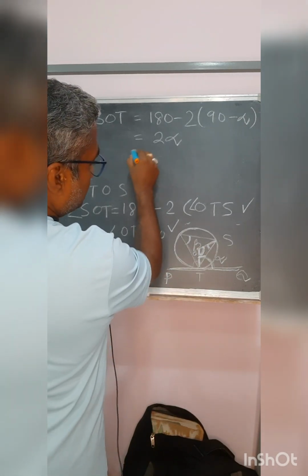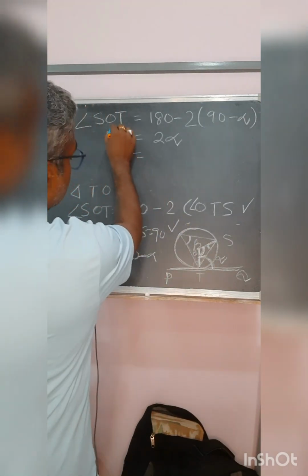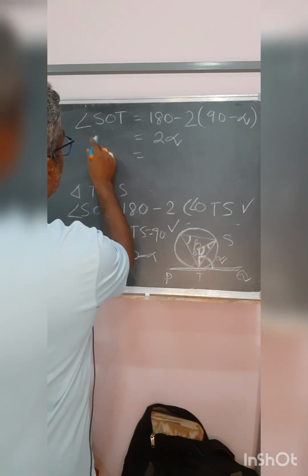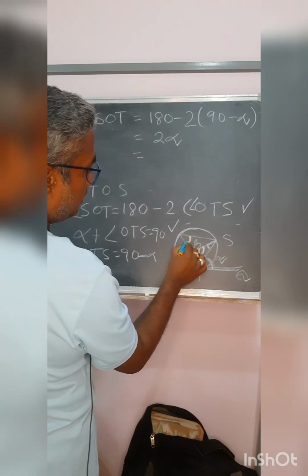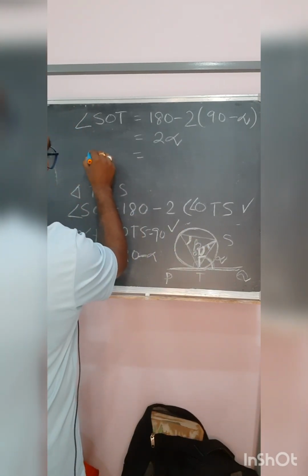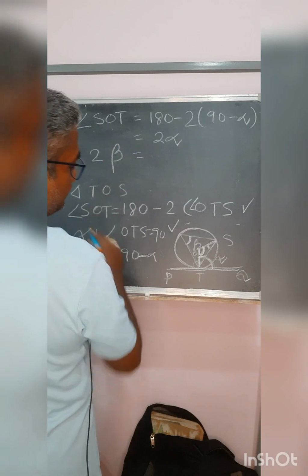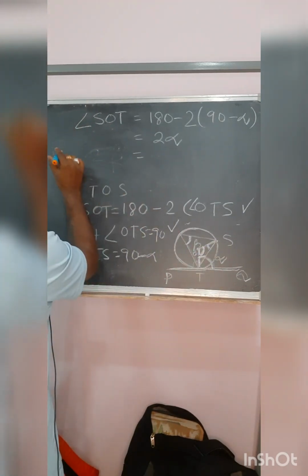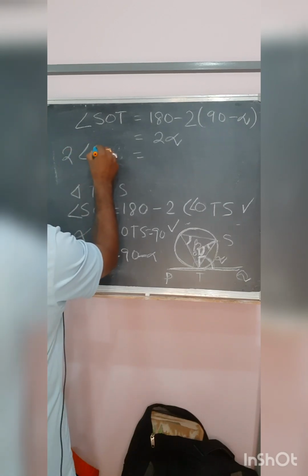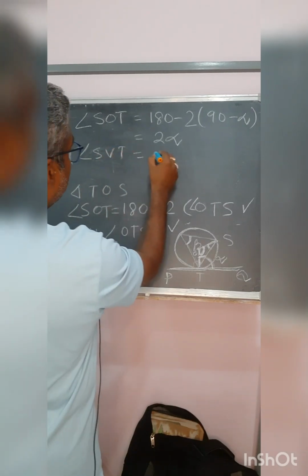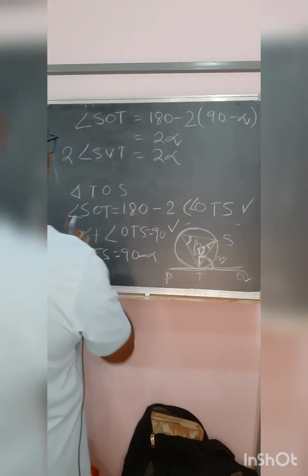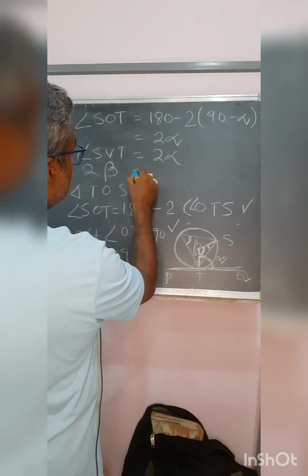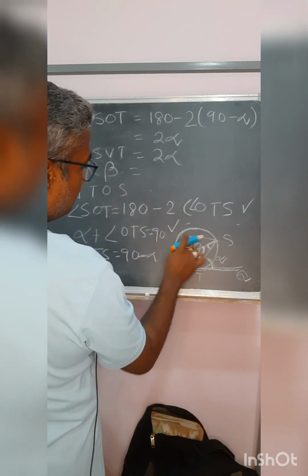Now again, SOT is the angle at the center, which is twice the angle at the periphery. So SOT is 2 of angle SVT, that is equal to 2 alpha. As per the theorem, angle SVT is beta.